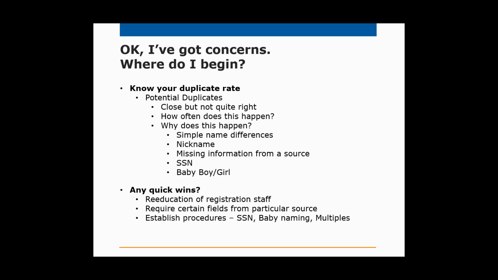So establishing a procedure, Social Security numbers. Right out of the gate, if you have a procedure for when a Social Security number is missing, we always use all 9s. Whatever, I'm making that up, but sometimes it's that it's missing, the patient doesn't give it. Sometimes the patient is not able and you're going to get it later.